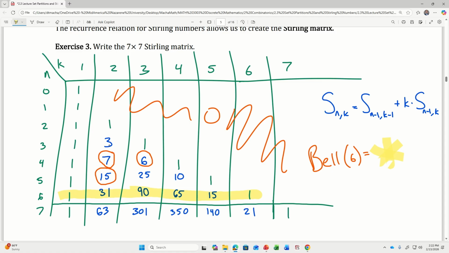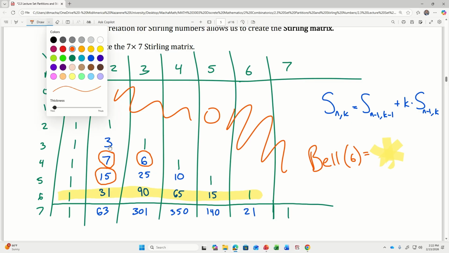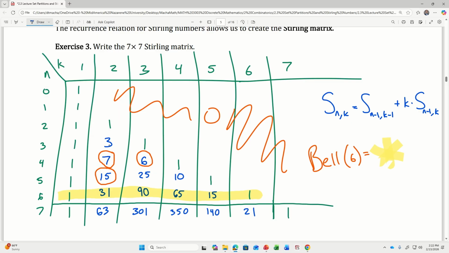That would give me the total number of ways I can partition a set with 6 elements by adding up those numbers. Okay, questions?